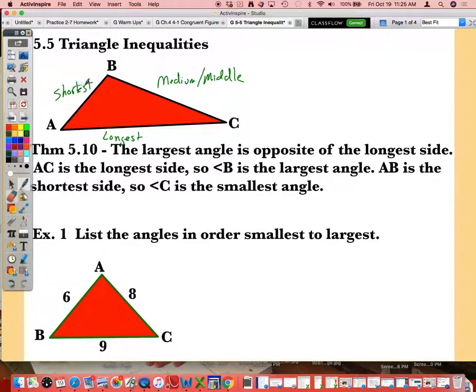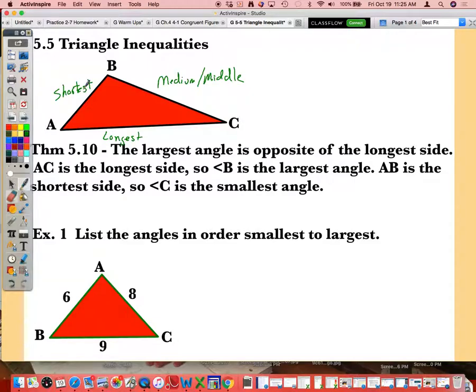All right, now, so the idea is this. If this is the shortest side, what's going to be the smallest angle? Look, just one letter. When you look at the pictures, which angle looks the smallest? C. C is the smallest.